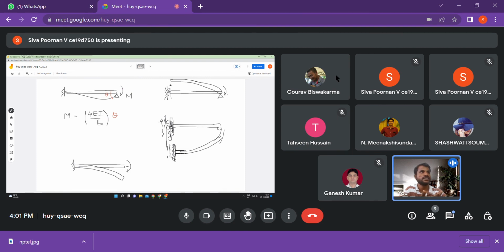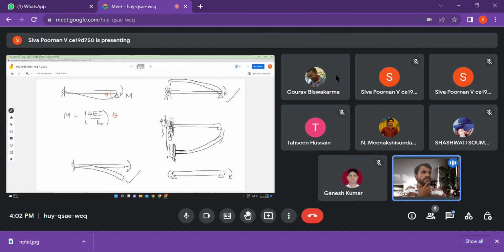So that's the answer. Here I want to point out that if you draw the free body for this structure and this structure, both will look similar, and it will also be similar to half of a simply supported beam. So we have a simply supported beam with, let's say, a moment applied.